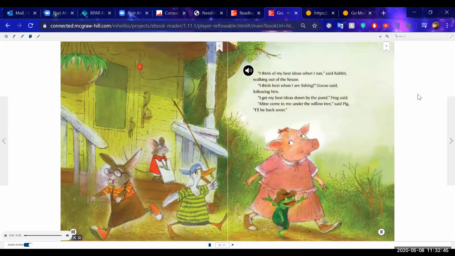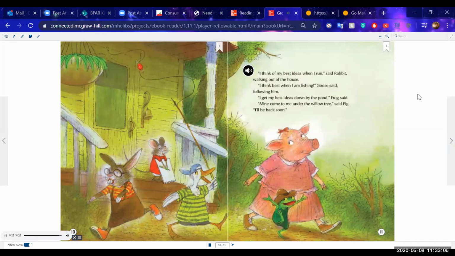I think of my best ideas when I run, said Rabbit, walking out of the house. I think best when I am fishing, Goose said, following him. I get my best ideas down by the pond, Frog said. Mine come to me under the willow tree, said Pig.